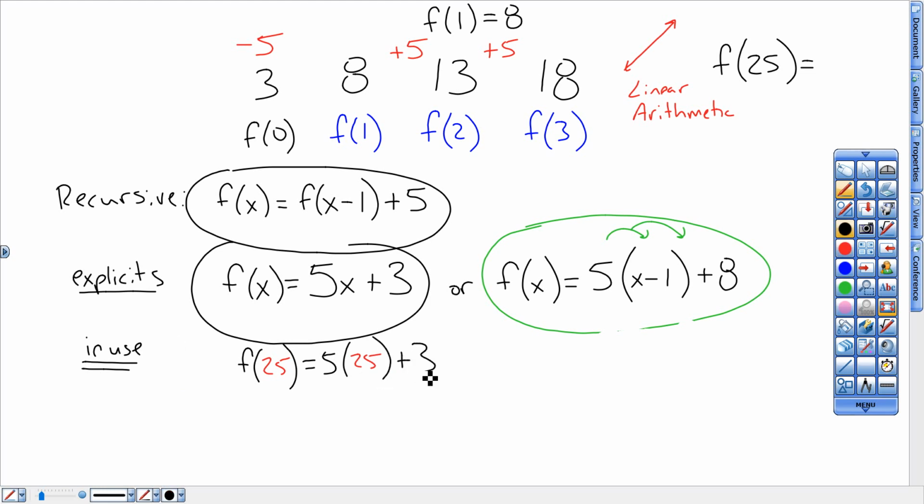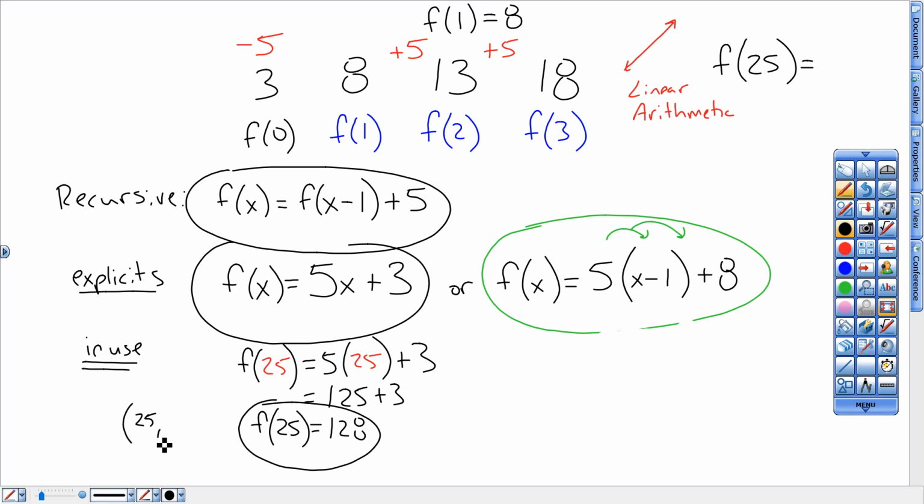That gives me 5 times 25, which is 125, plus that 3 shows me that when I plug in 25 for x, the y number gets spit out as 128. You could write that as a coordinate if you wanted to. That would be the coordinate 25 for x up 128 for y if you really needed to graph it.